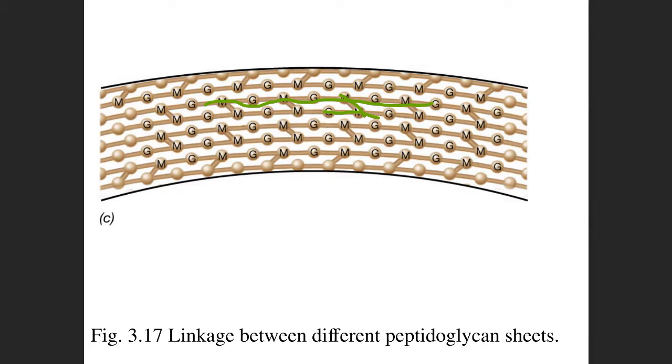Now, if you say, I want to make my fence stronger, so I put 10 layers of fence, then you combine all 10 layers together by linking one layer with the other using metal wire, right? And that's exactly what's happening. And so then it becomes really strong.